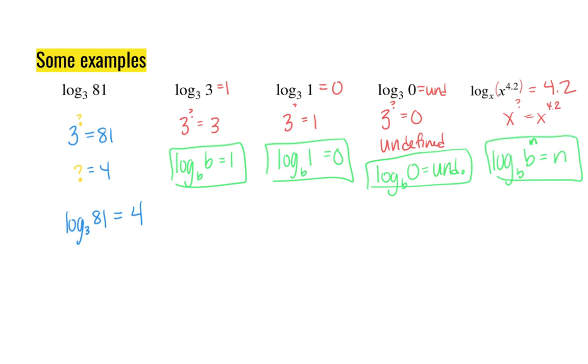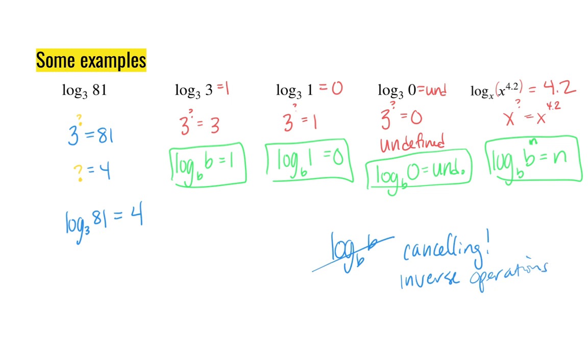One of the reasons you can think about this being true is remember that exponents and logarithms are inverse operations. So basically, this is canceling, because they are inverse operations. You can see that happening right here as well. We're canceling right there, and we're canceling right there, and we're left with the 4.2.